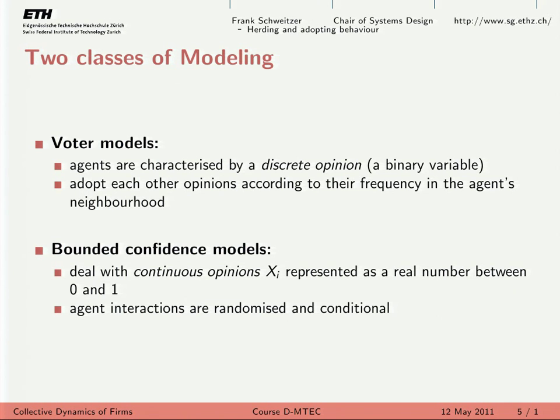First of all, it's a binary variable, -1, +1, something like this. And secondly, it's a frequency-based model. You calculate the frequency, the percentage of agents in your system, your neighborhood, and then you adjust your decision according to what all the others are doing, or different from what all the others are doing.